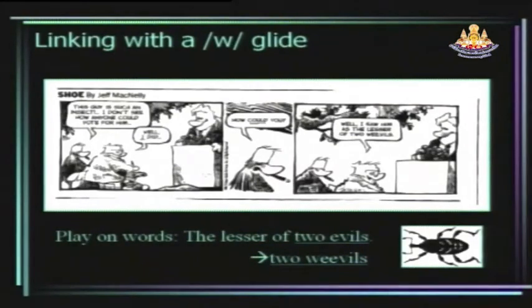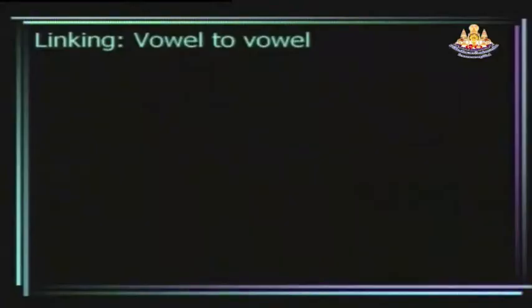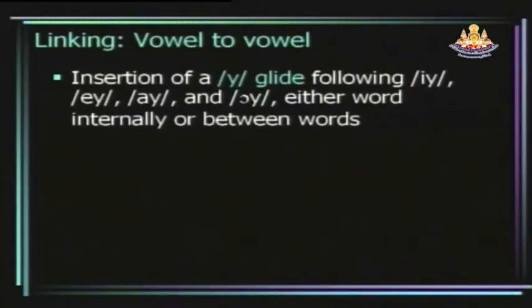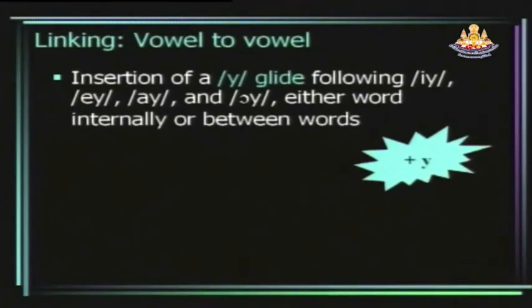If you remember when we talked about vowels, we talked about front vowels, mid vowels, and back vowels. We use a Y glide when we link vowel to vowel, following the front vowels, E, A, I, and also the diphthong oi, either inside a word or between words.